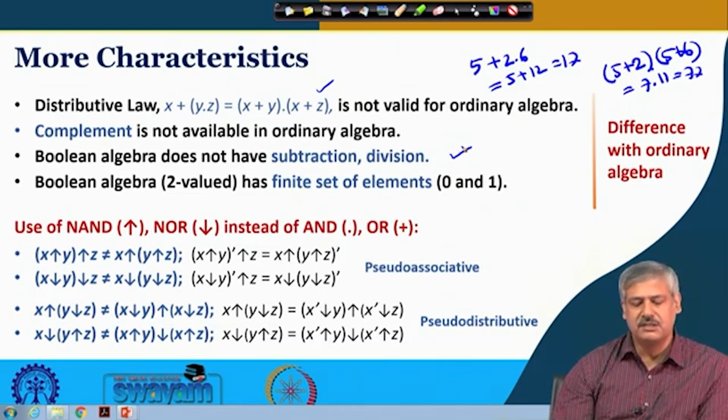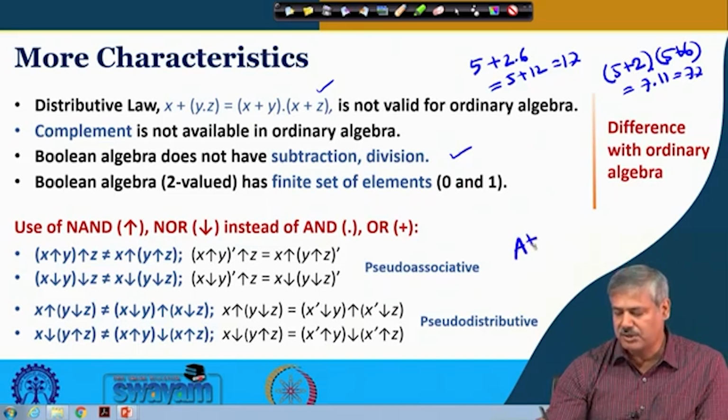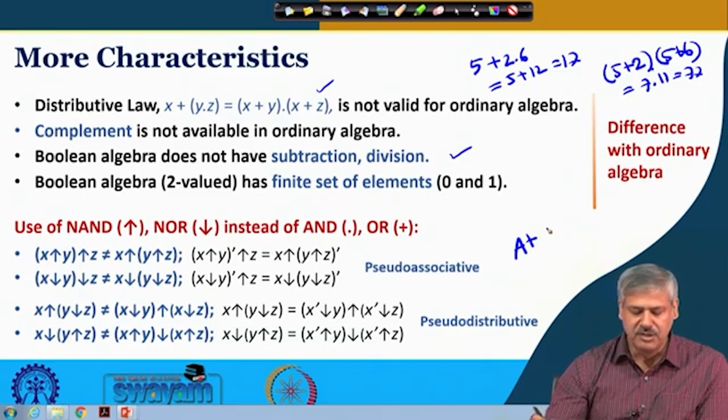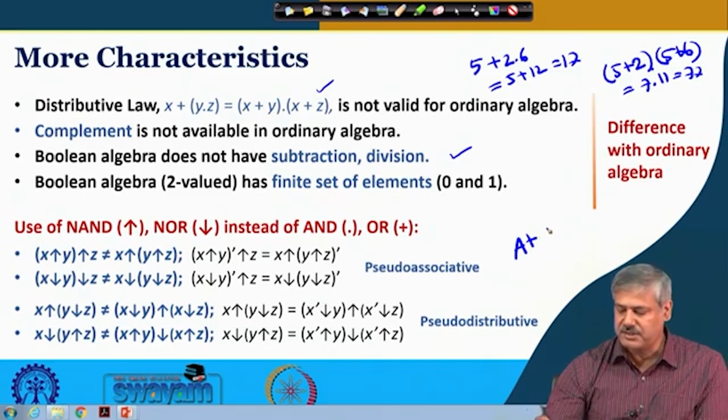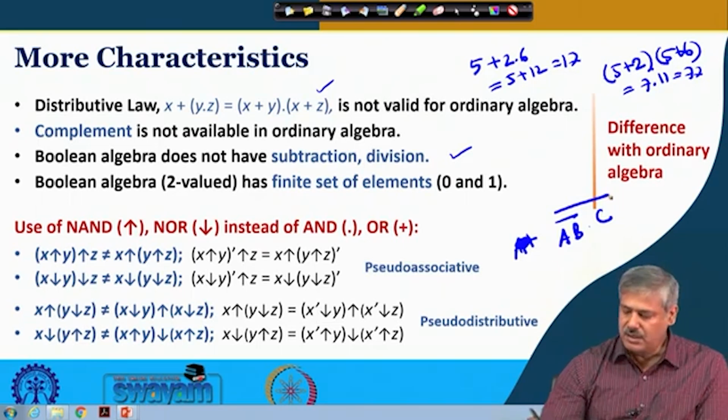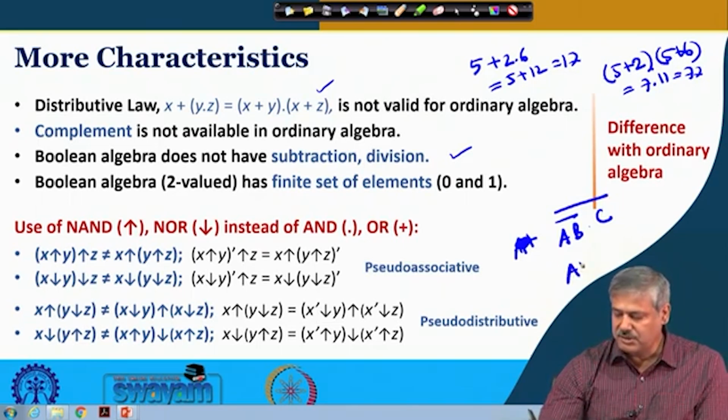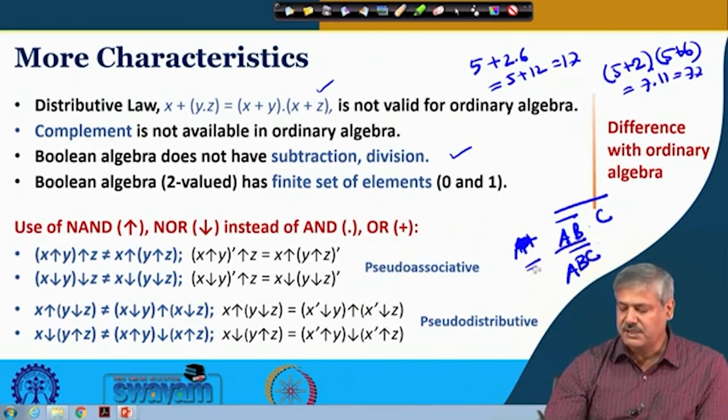So, we can just do a quick check; we now know how to use it. If we are talking about say an AND operation, and if we try to check it with A, B, C and then AND, we shall see that they are not associative.